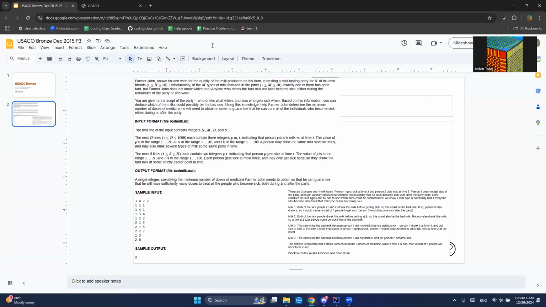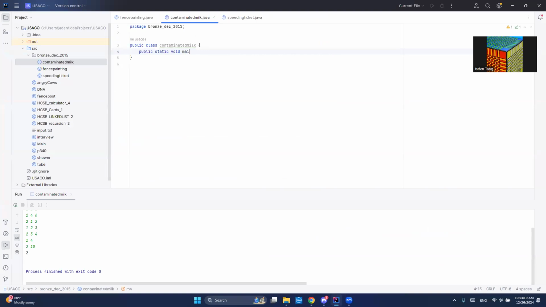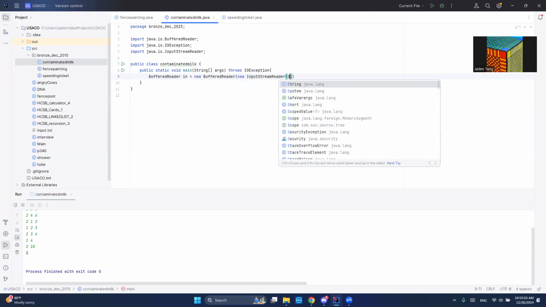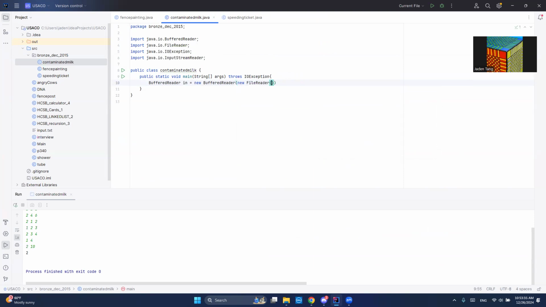So, contaminated milk. We declare the main class and then input and output.